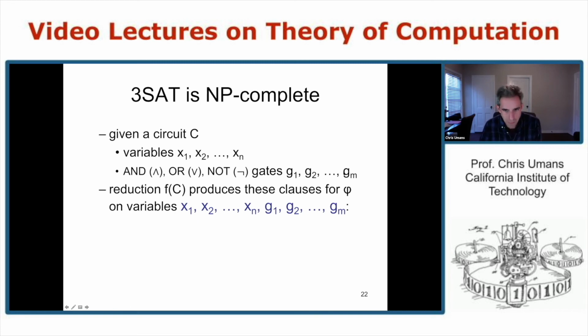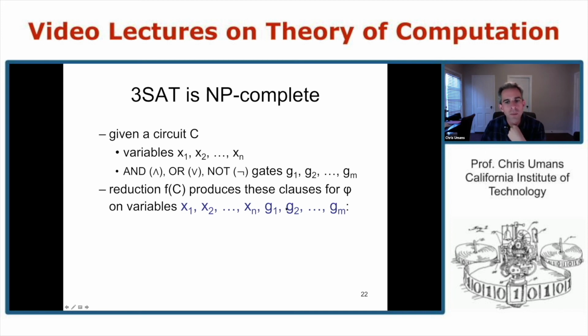Our reduction, which I'll call f of C, is going to produce a bunch of clauses that together form the formula phi. Those clauses involve variables x1 through xn, just like the circuit had, and G1 through Gm. So we treat each of the gates as having an associated variable.